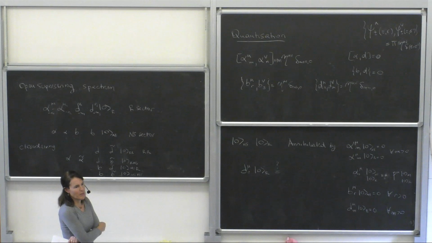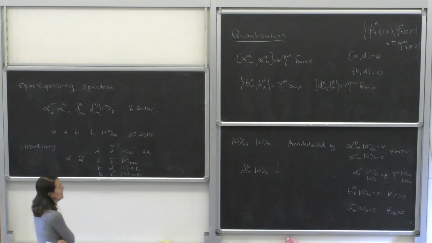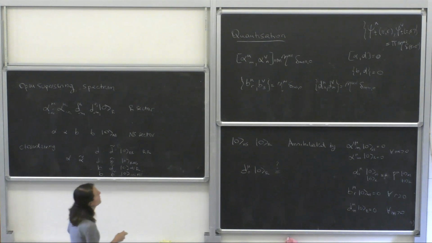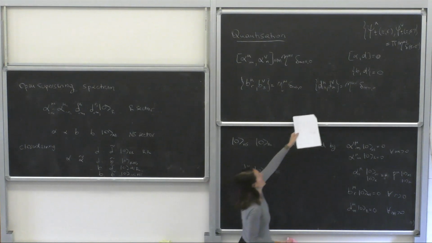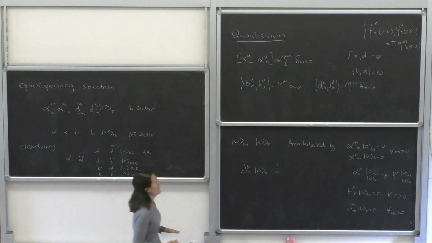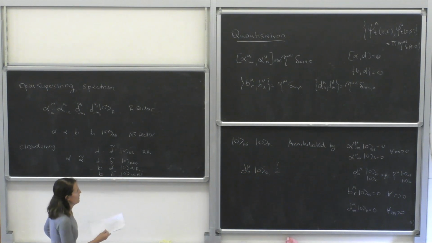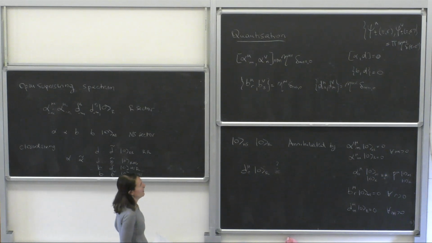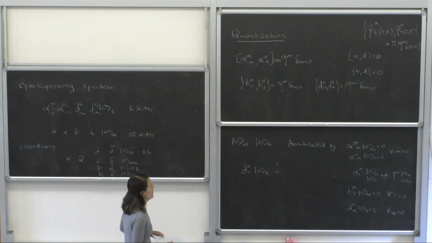It cannot, right? Because if I act with a second d, they should anti-commute and give me just the eta. So this cannot be 0.